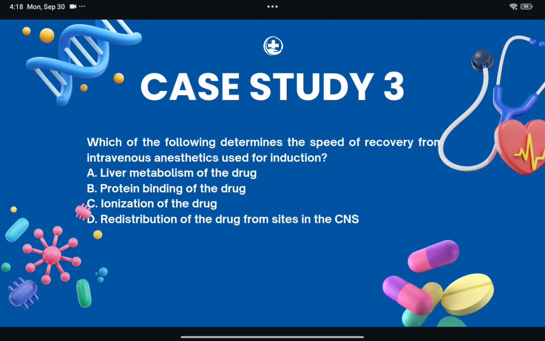Following the initial flooding of the CNS with non-ionized molecules, the drug will diffuse to other tissues. With secondary tissue uptake, the plasma concentration will fall, allowing the drug to diffuse out of the CNS. Initial redistribution into the other tissues will lead to the rapid recovery seen after a single dose of an IV induction drug. Protein binding, ionization, and lipid solubility all affect the rate of transfer.